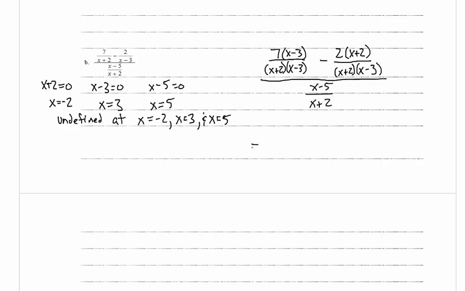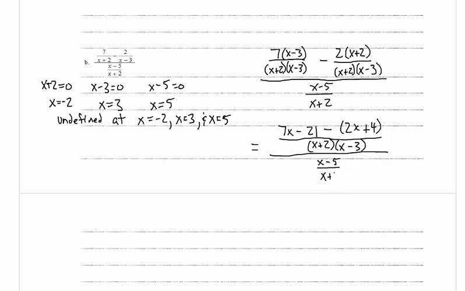And now we can say that this is equal to, and now I'm going to multiply the 7 through the parentheses. So I have 7x minus 21 minus 2 times x, 2x, plus 4, all divided by x plus 2, x minus 3, and all of this is divided by x minus 5 divided by x plus 2.